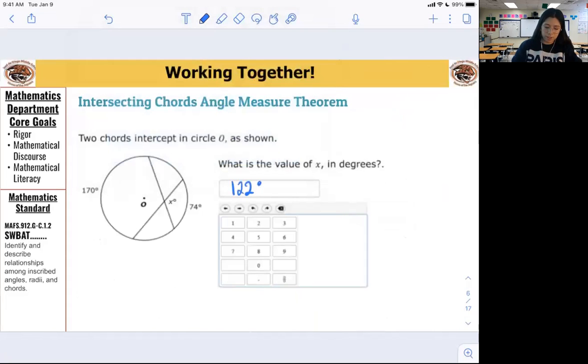Added 170 plus 74. Daniel, what's 170 plus 74? 244.